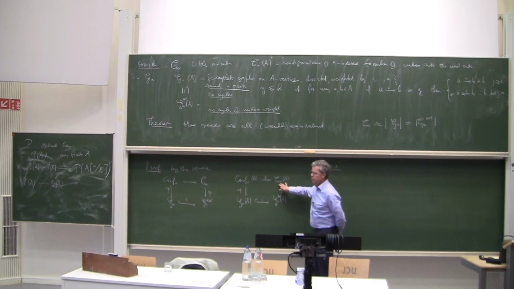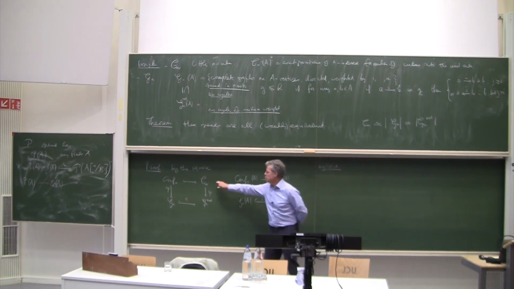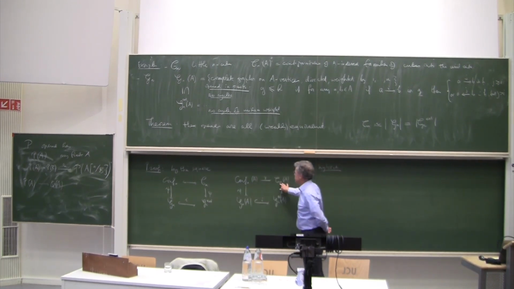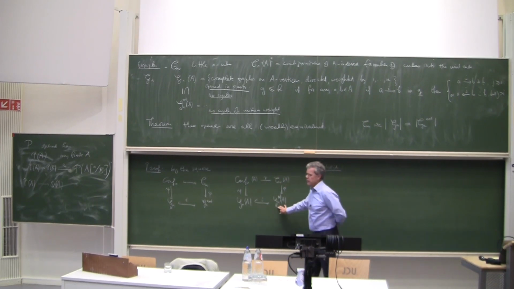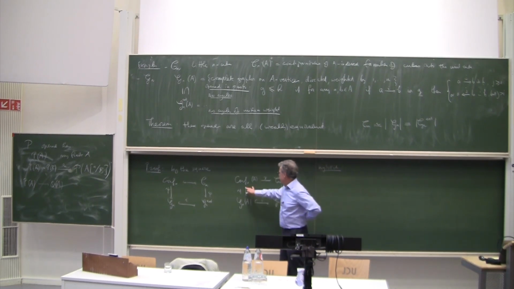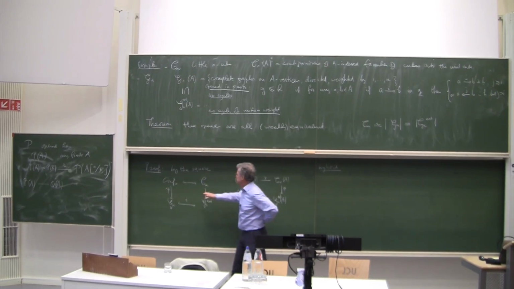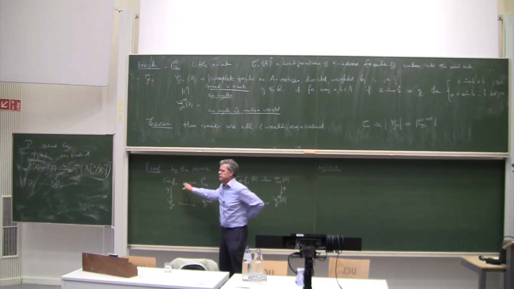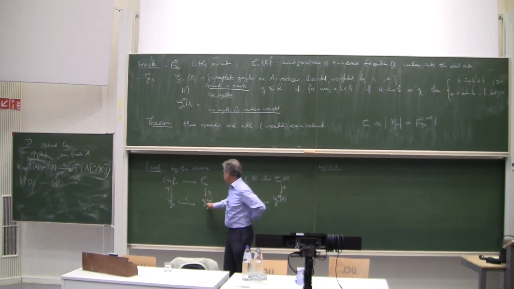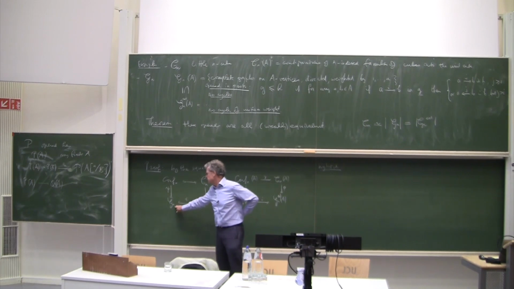Because this is an operad, this is a space, this is a poset, this is just a space, no? If you parameterize A, this is a symmetric sequence of spaces. This is an operad of topological spaces, this is an operad of posets.